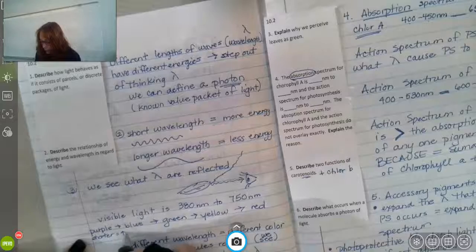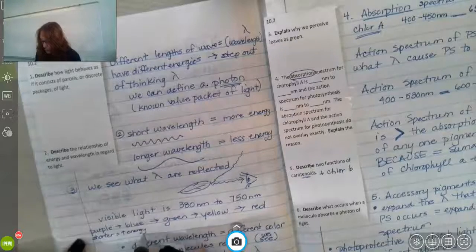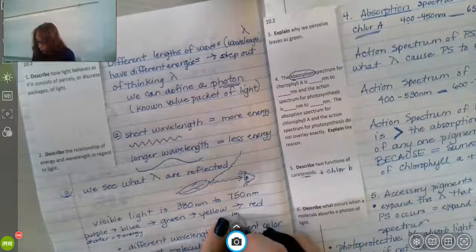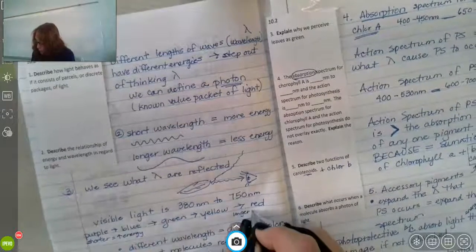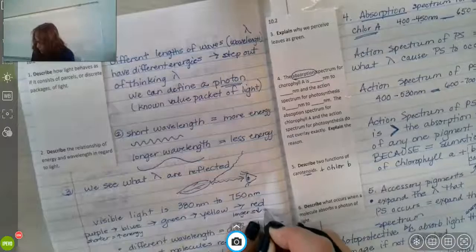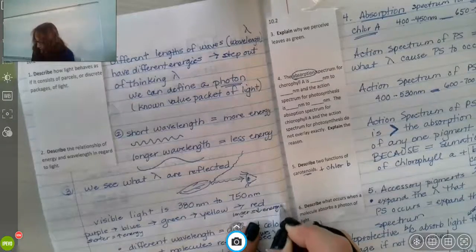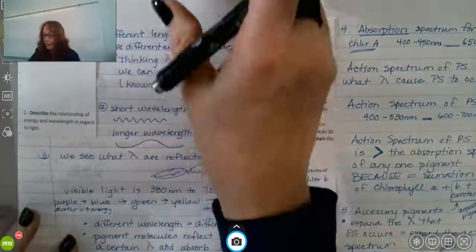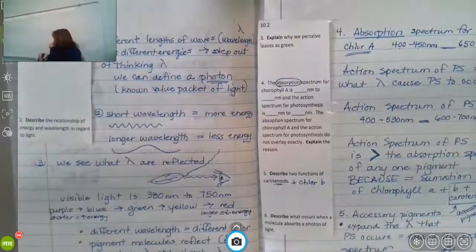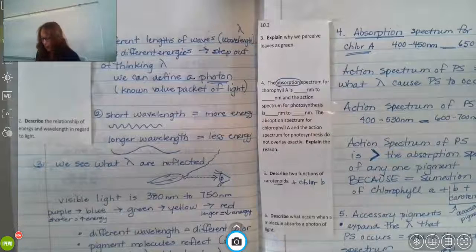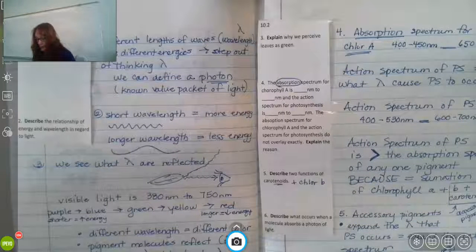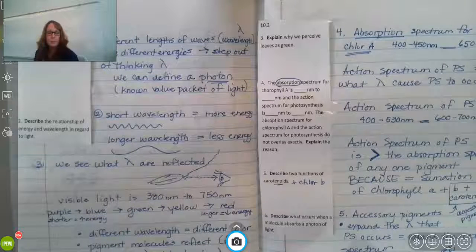Equals more energy relative to longer, because 750 is longer than 380, which equals less energy. The more energy you have, the more ability you have to do work, and it all comes from how long the wavelength is. Whatever is reflected back to you is what you see. Pigments reflect that color back to you.